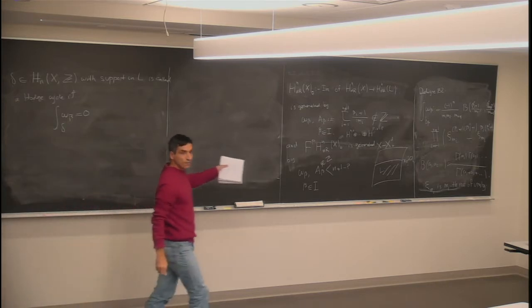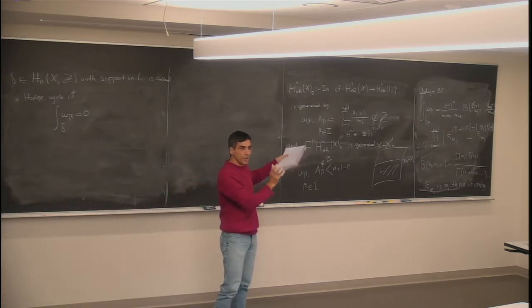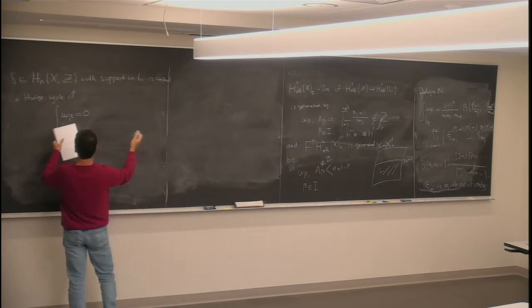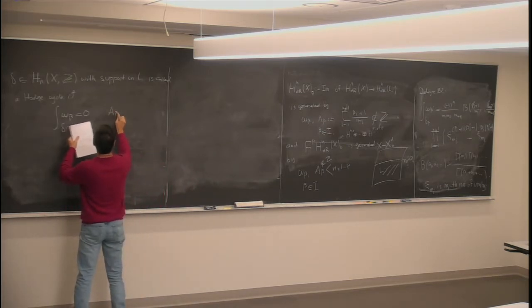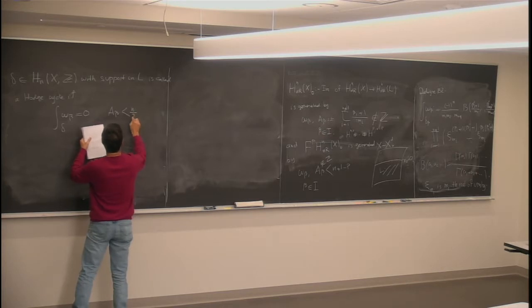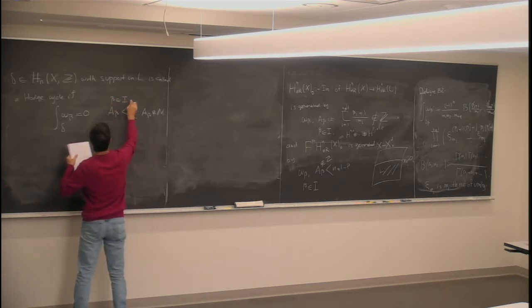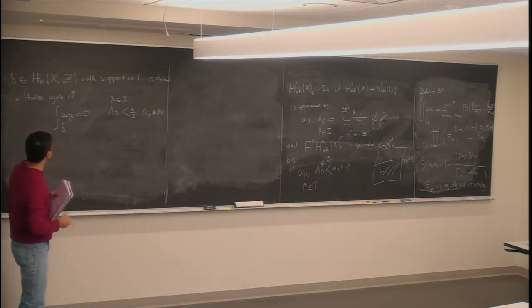And for the definition of a Hodge cycle, you need just a piece of the Hodge filtration. Maybe I write down explicitly: the sum of beta less than 2, where beta is a vector of integers, and then beta is in I.